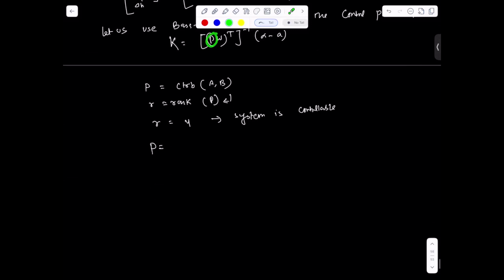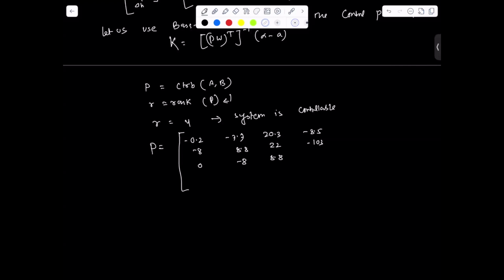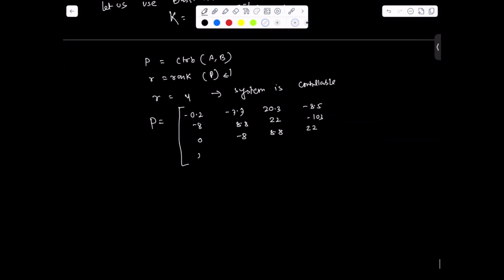So let's have the P matrix, the controllability matrix. The P matrix is found to be minus 0.2, minus 7.7, 20.3, minus 8.5, minus 8, 8.8, 22, 103, 0, minus 8, 8.8, 22, 0, 12.2, minus 18.3, minus 704. This is the P matrix.